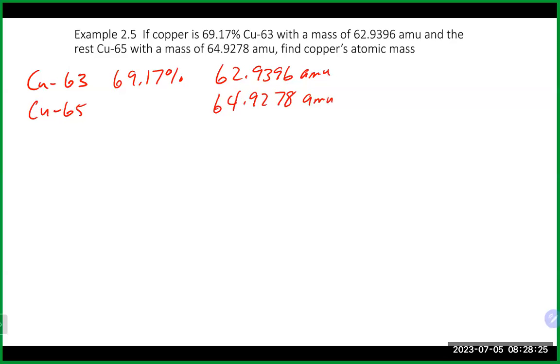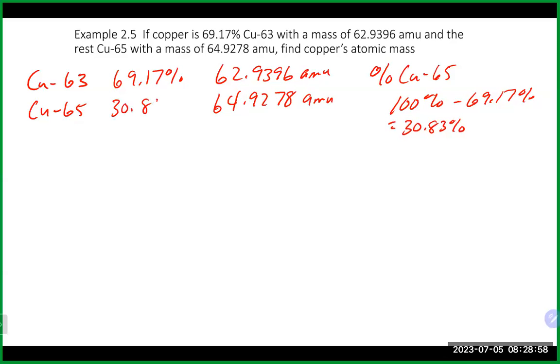In this case, we're not given the percentage of our second copper isotope, but we do know if these are all the naturally occurring isotopes, our percent of copper 65 should really be 100% minus our 69.17%. And that gets us 100 minus 69.17, which is 30.83. So now we have our missing percentage of our isotopes, and we have everything we need to calculate it.